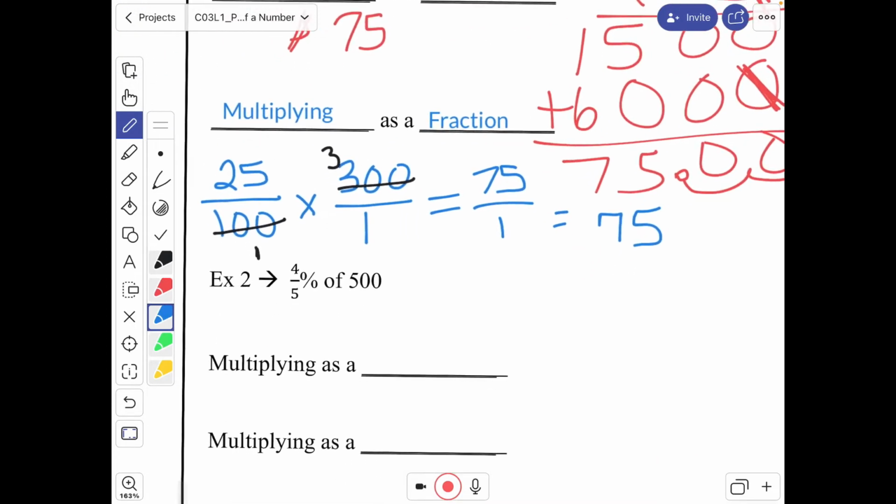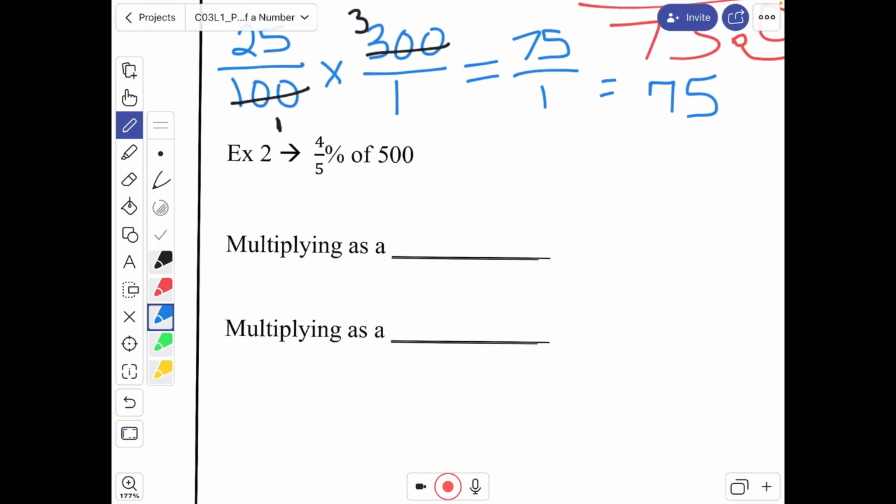Now let's look at example 2. 4/5% of 500. Well, let's first try multiplying as a decimal. What's 4/5 as a percent? 4/5, that'd be 0.8%. And to change it to a decimal, we have to move it 2 spaces.